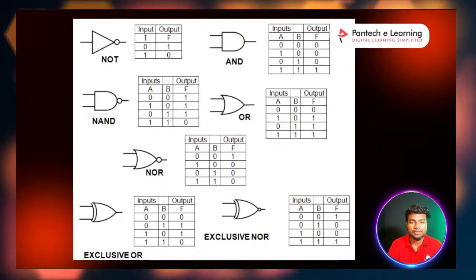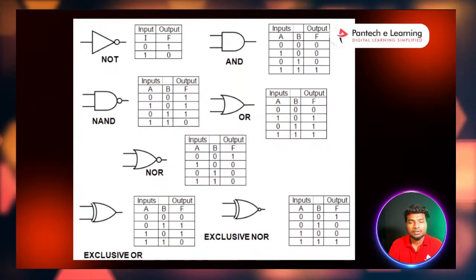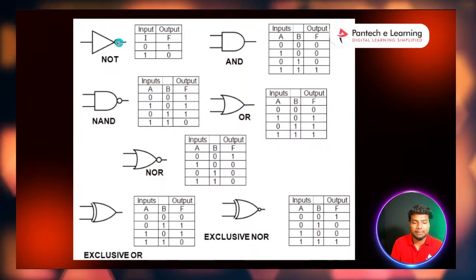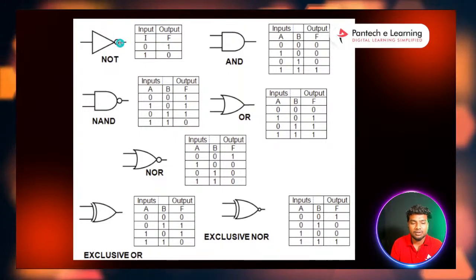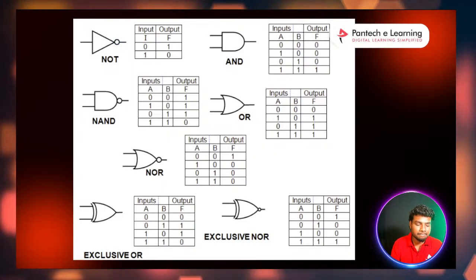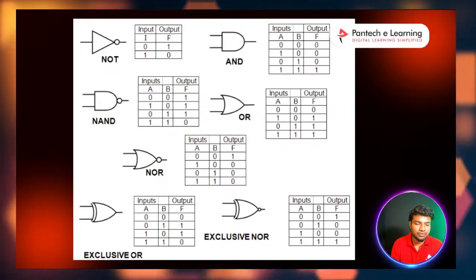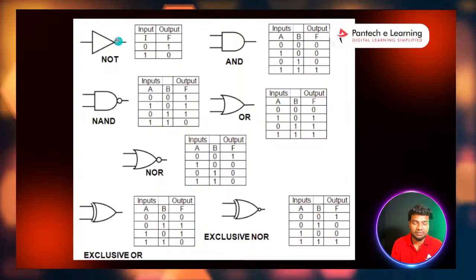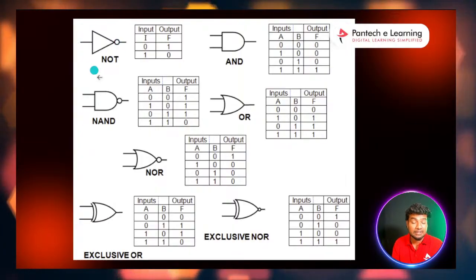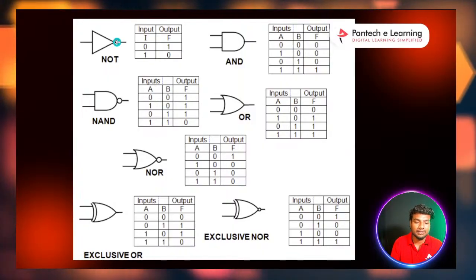Are you aware of the buffer? If I remove this bubble from this NOT gate, what is this symbol? This is also one gate.